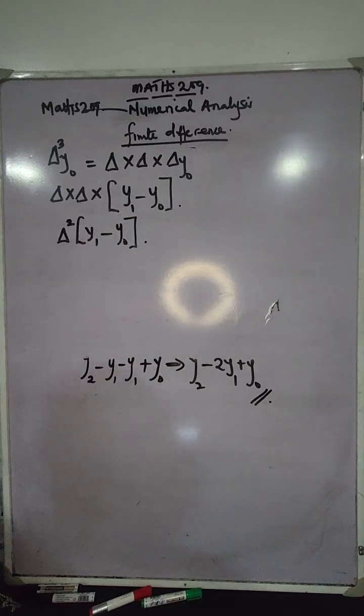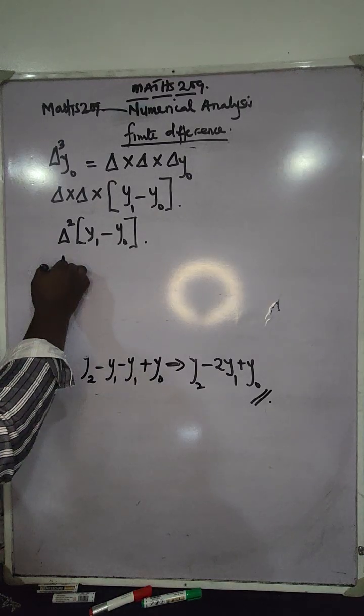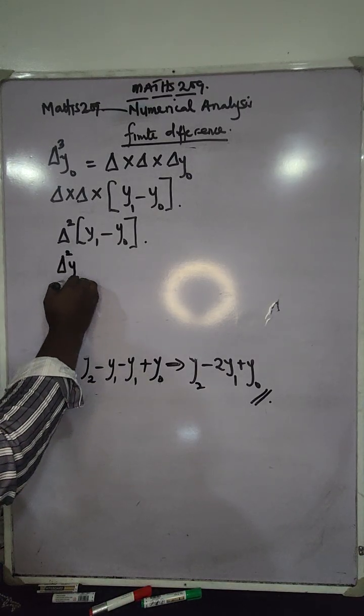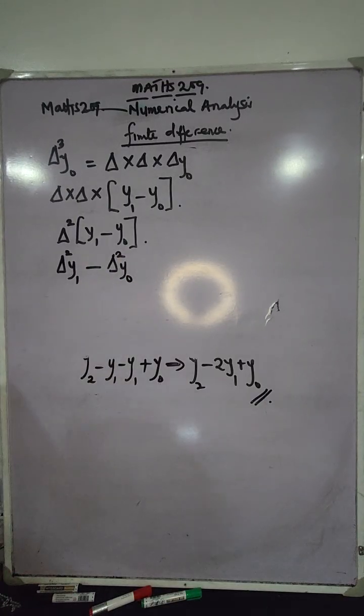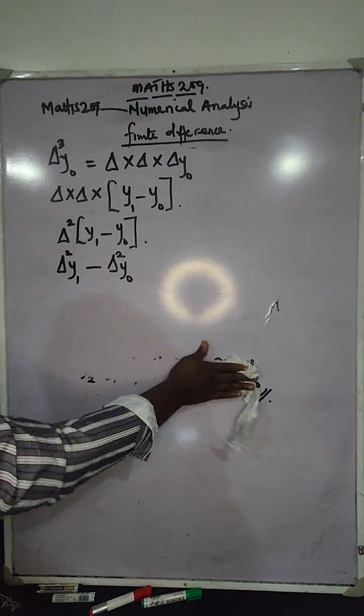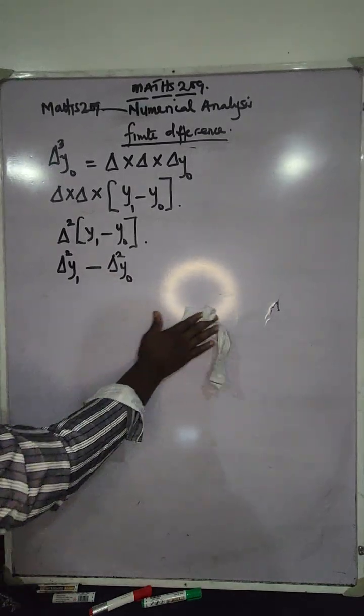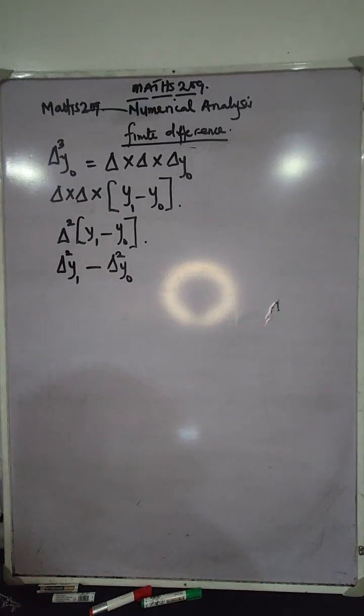Did you see that? And so, because we know that forward difference has the ability to open brackets, we can now say that the forward difference all squared of y1 should minus the forward difference all squared of y naught. Did you see that? So, having said all of these things, what can we derive from this junction?